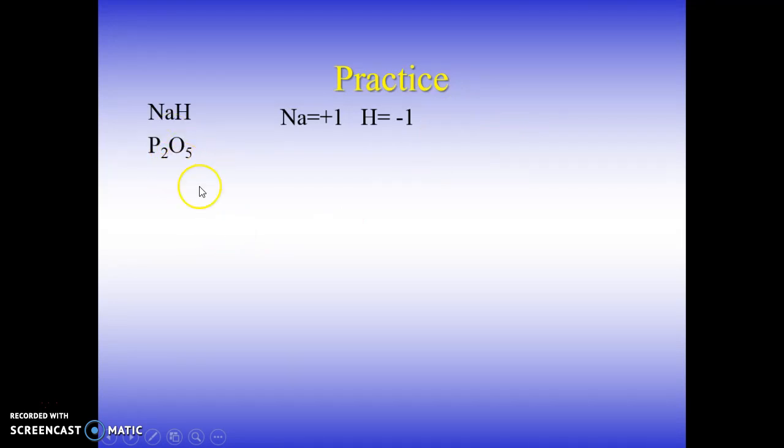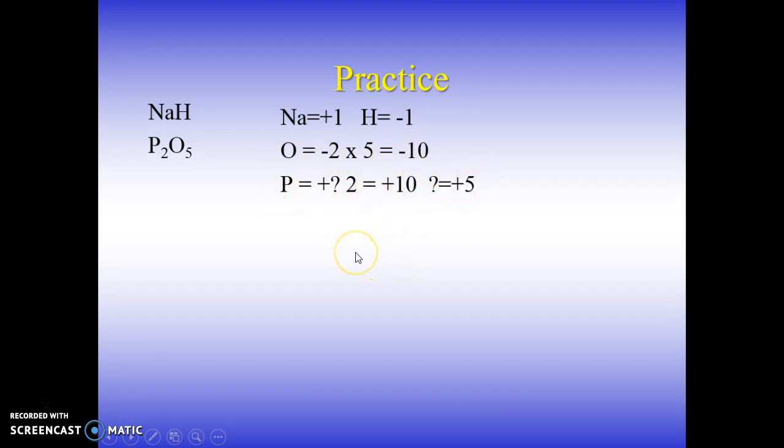Start with oxygen. Each oxygen's -2, which means that's a total of -10. Phosphorus needs to be a total of +10. So oxygen's -10, phosphorus, what charge does it need to be in order to be a total +10? Phosphorus must be +5. Next one, dichromate.